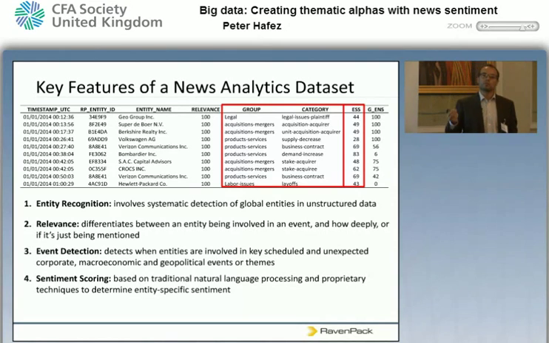Where Goldman will have lower relevance of 20 because they are not the target, and they will have an event which is called analyst ratings upgrade rater. So you can still condition your signal on whoever gave that particular analyst rating.